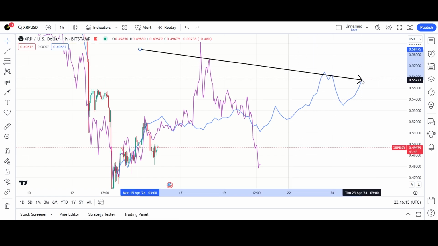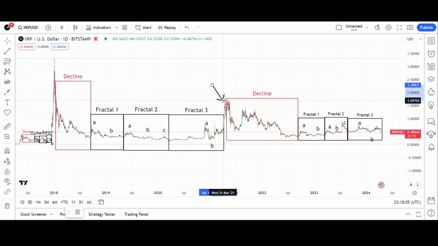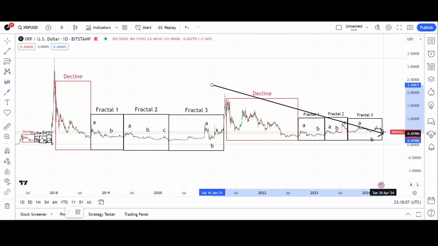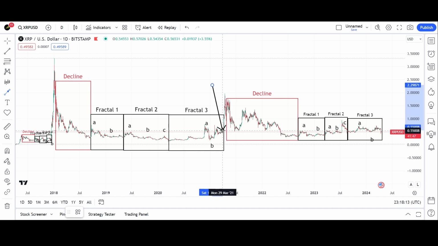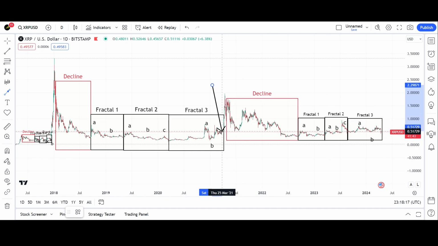We are close to the bull run, folks. Once it gets here, it's off to the races. So here is that bull run. We are very close, people. We're in this little correction right here. We're getting close to the end of it, I believe, and that's when the bull run will begin once this completes.